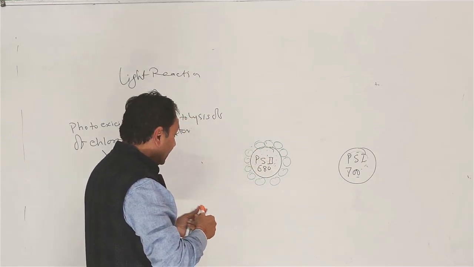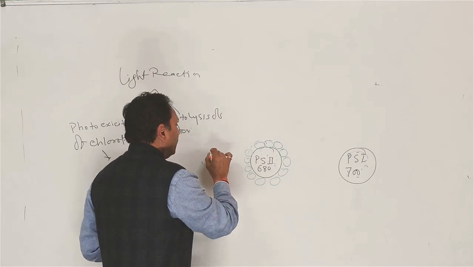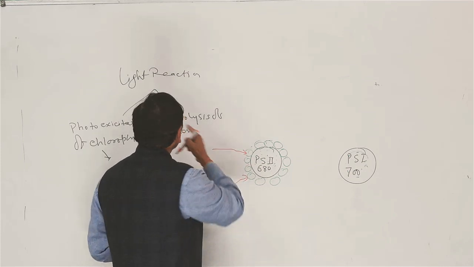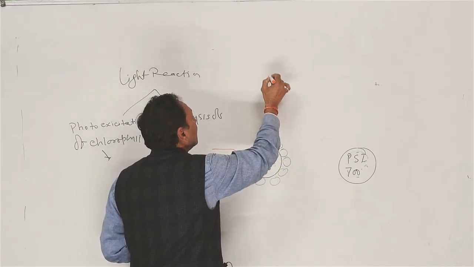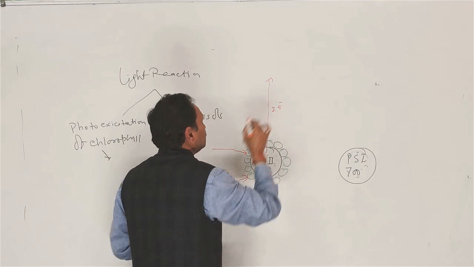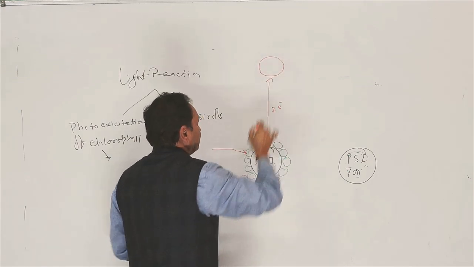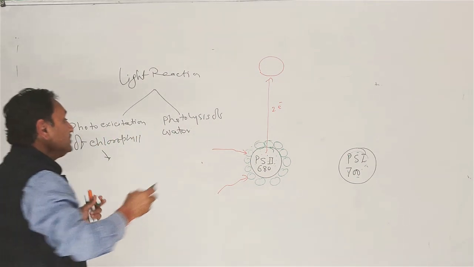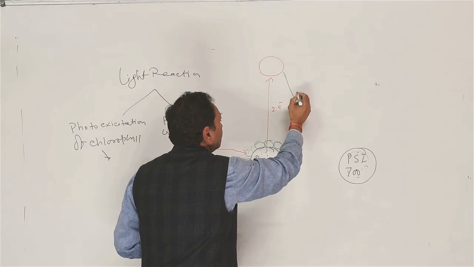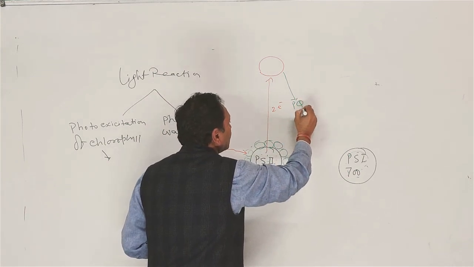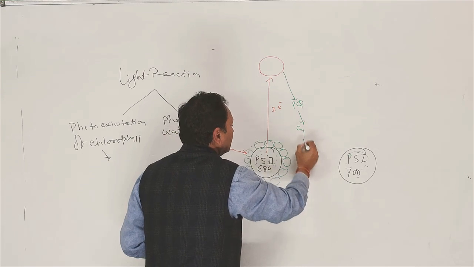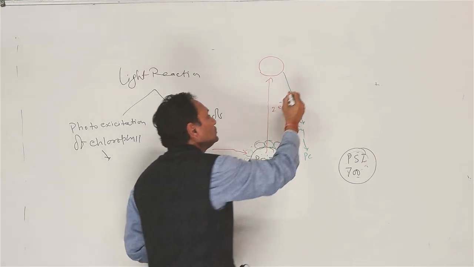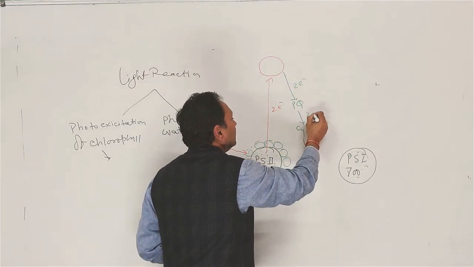These pigments and this system absorb solar radiation, and by this solar radiation, chlorophyll releases a pair of electrons at the electron acceptor center. This electron acceptor center ultimately passes the two electrons, firstly to the PQ, then to the cytochrome, then to the plastocyanin.